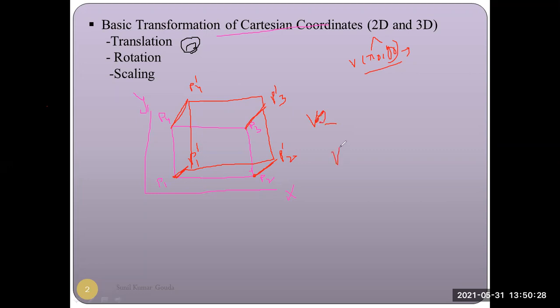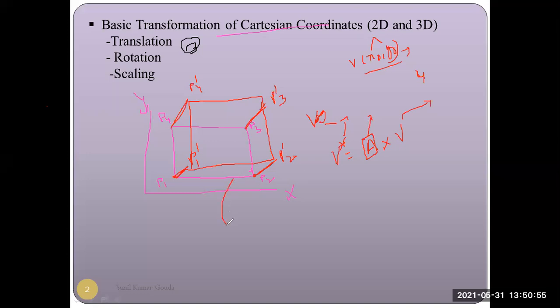The new matrix will be generated like v dash is equal to A into v, where v is your original coordinate, and v dash is your new point or new coordinate. A is called the transformation matrix.